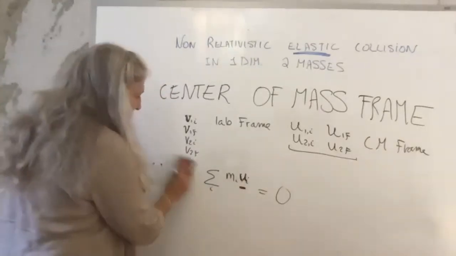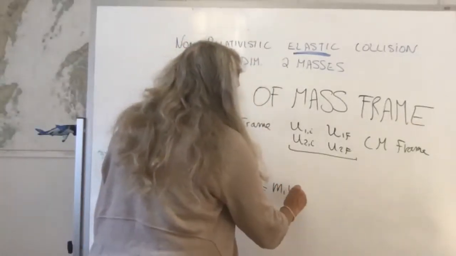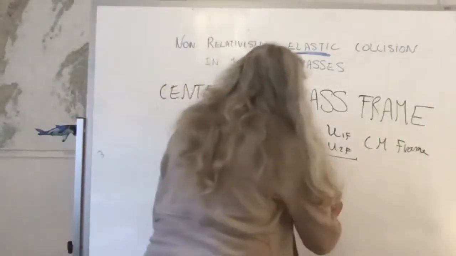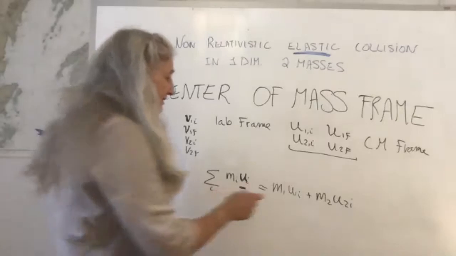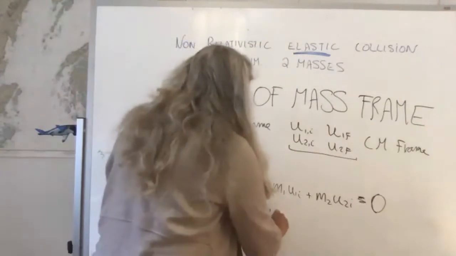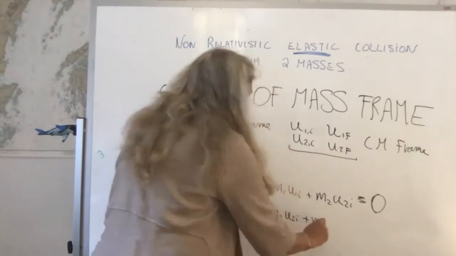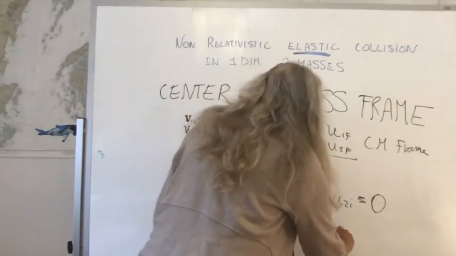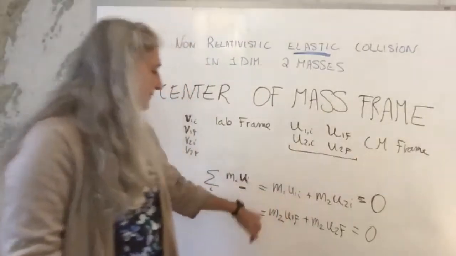So let's rewrite this. This is M1U1I plus M2U2I, and that's before the collision. Those are the initial velocities, and that's 0 because we're in the center of mass frame. We could also write this out for the final: M1U1F plus M2U2F afterwards is also 0, because this is the center of mass frame.